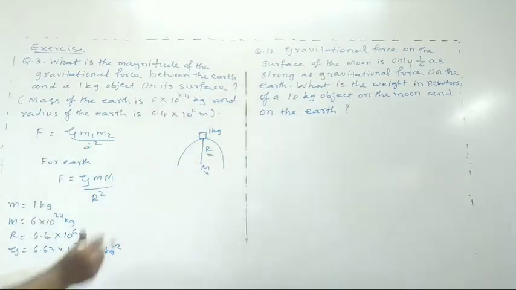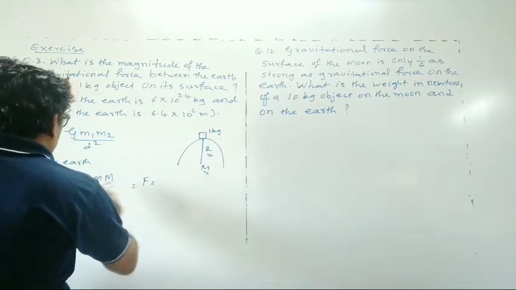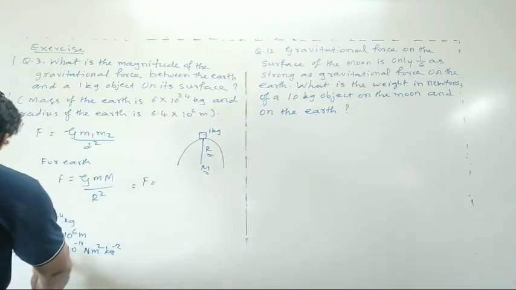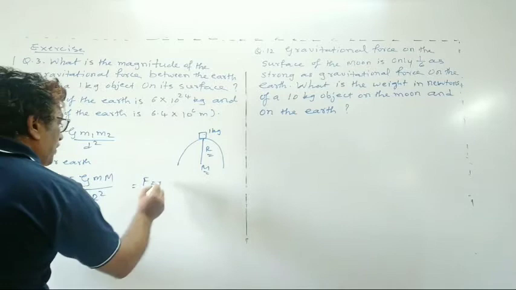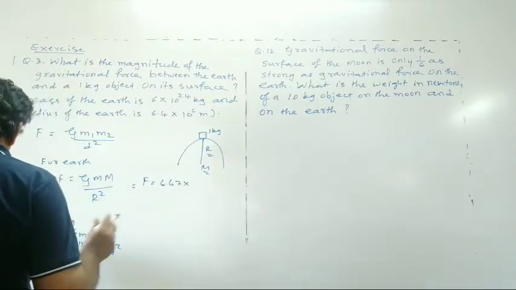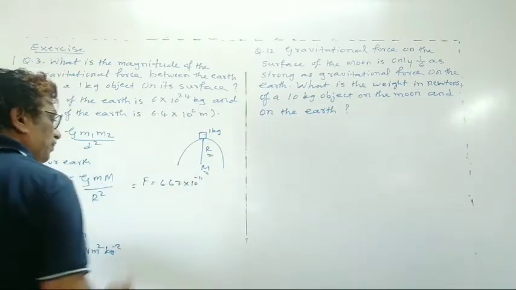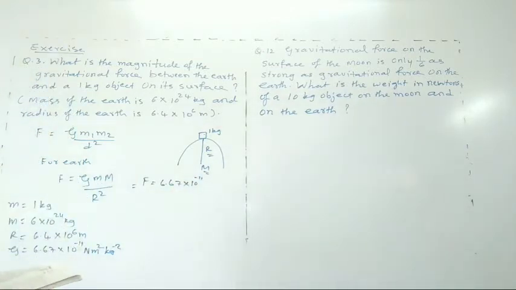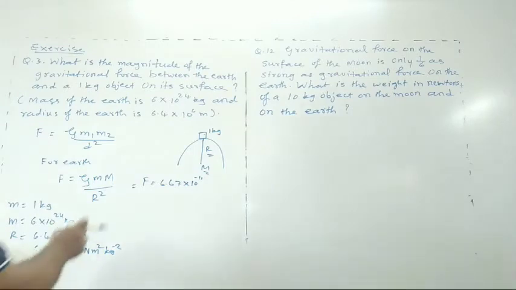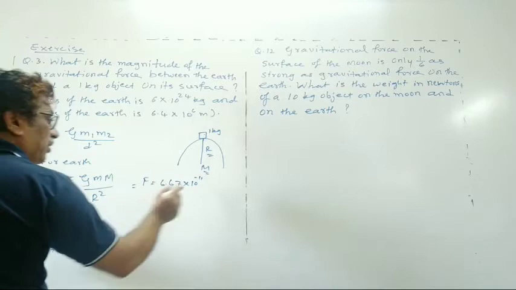Now force is equal to G, so you write 6.67 multiplied by 10 raised to negative 11. Then you write the small m value, which is 1.